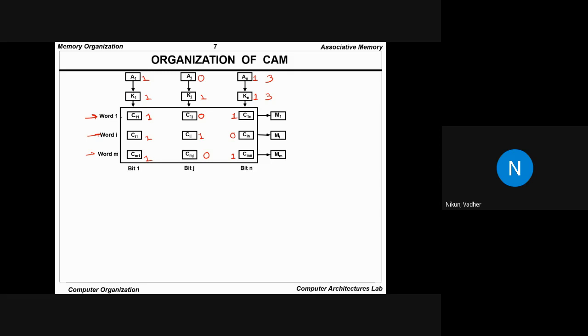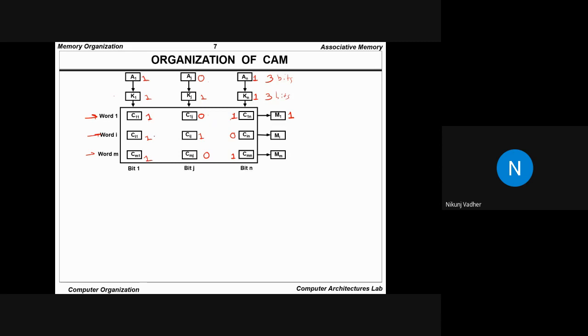For the first word, the value of key is 111, so we will compare all the bits of the argument. We compare this 1 with 1, it is matching. This 0 with 0, this 1 with 1. If all the bits are matching, then the value of M1 will be set to 1.